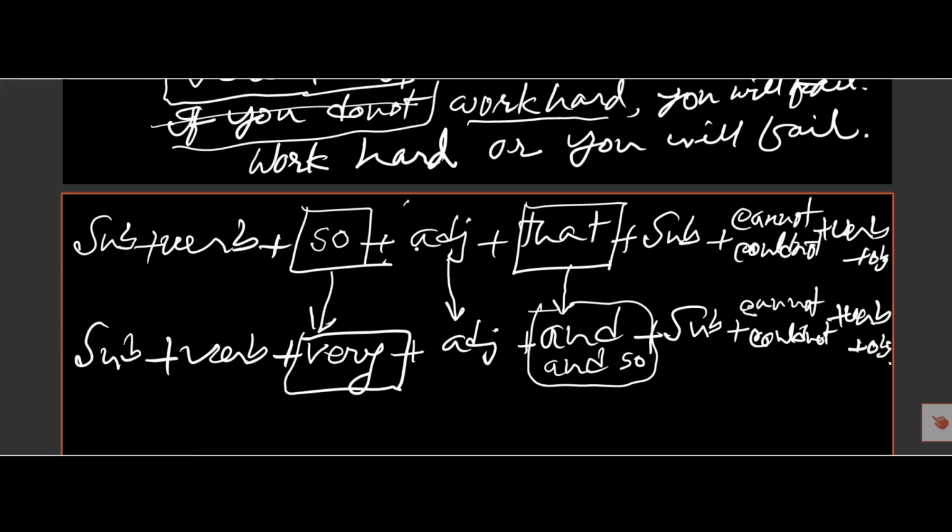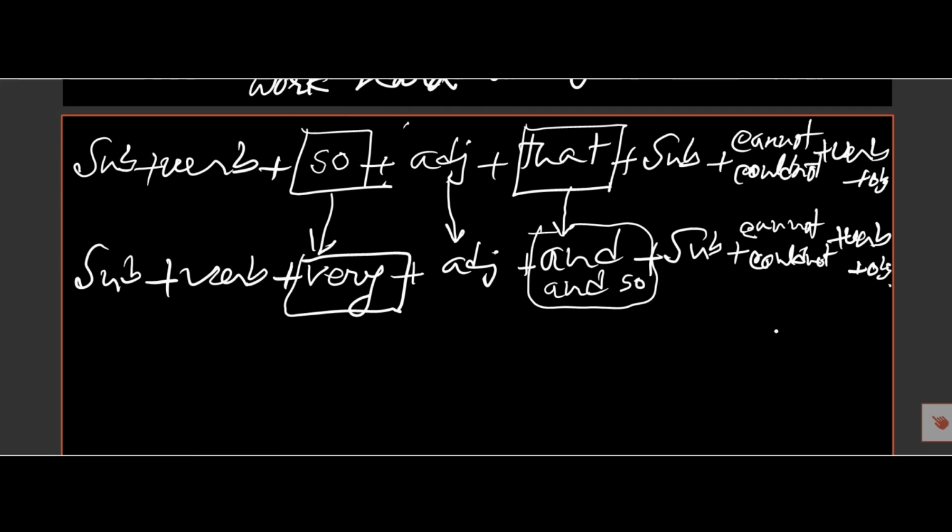The complex structure is: subject plus verb plus so plus adjective plus that plus subject, cannot or could not, then verb and object. And the compound structure is: subject plus verb plus very plus adjective plus and, then subject, cannot or could not, verb and object.